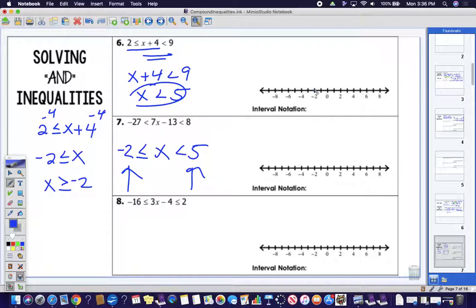I have a closed circle on -2, because it's less than or equal, and an open circle on 5, and then we simply shade everything in between. Anything in the shaded region, including the closed circle, would make both these inequalities true. The interval notation would be bracket -2, comma, 5, and then a parenthesis. So anyway, that's a quick summary of what compound inequalities are, and they are joined by the words and or.